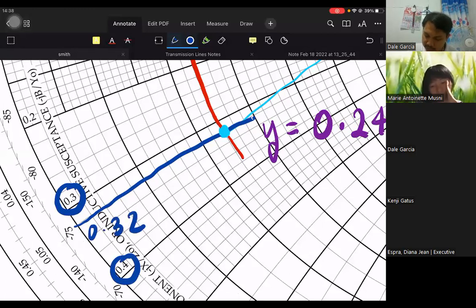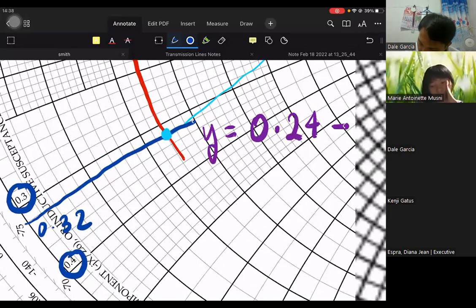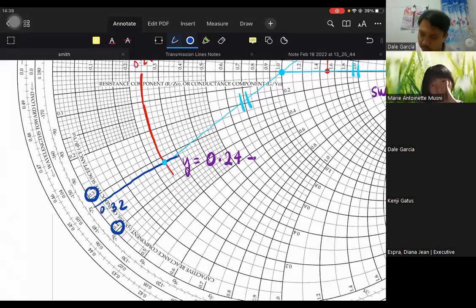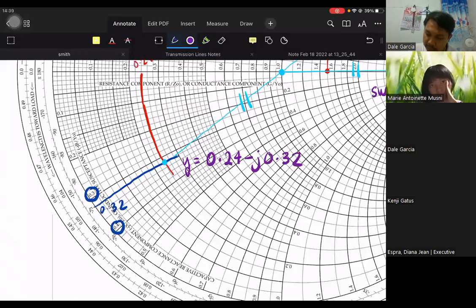So it's 0.24 minus j0.32. It's the same as earlier, but the inverse operation, 180 degrees away, same distance from Z.